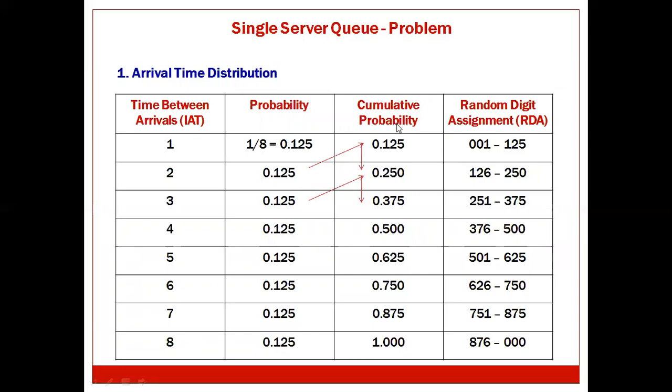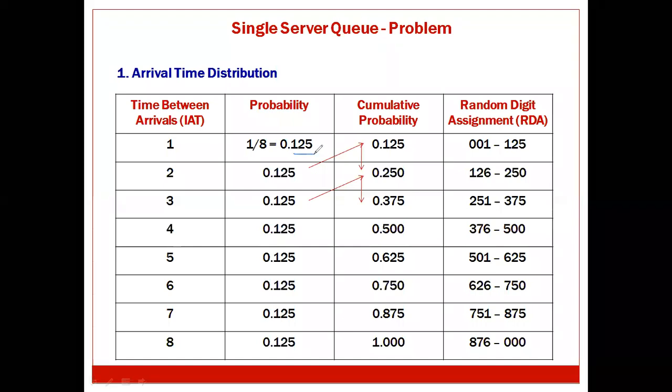Okay, and cumulative probability, you know how to find. Take the first probability 0.125, you write it as it is, and then the next cumulative probability is calculated as: take the second probability, add it with the cumulative probability of the previous one, and then write it here. That means 0.125 plus 0.125, which will be 0.250.